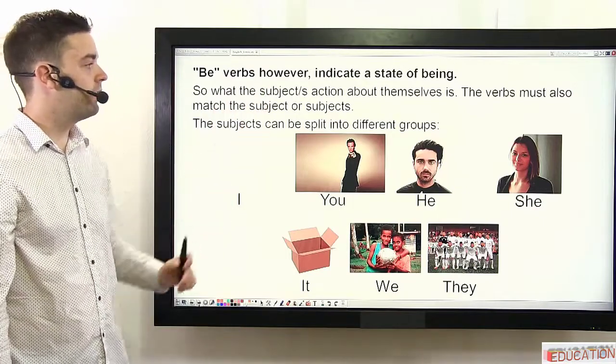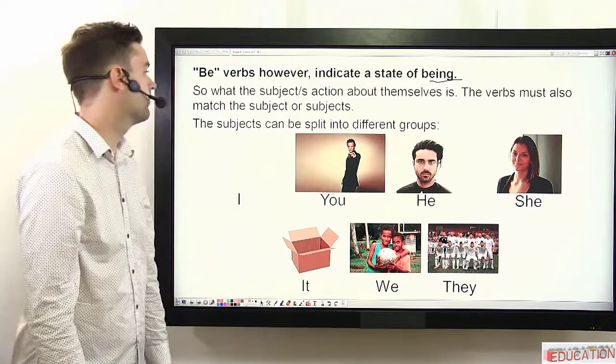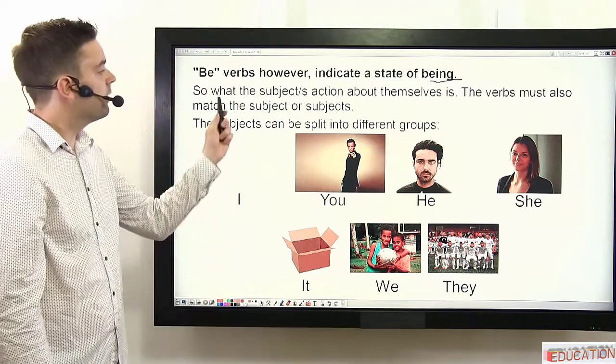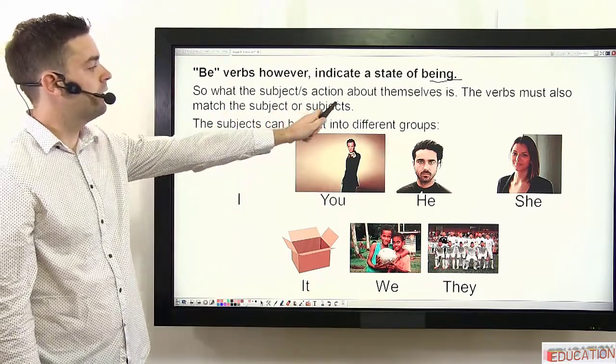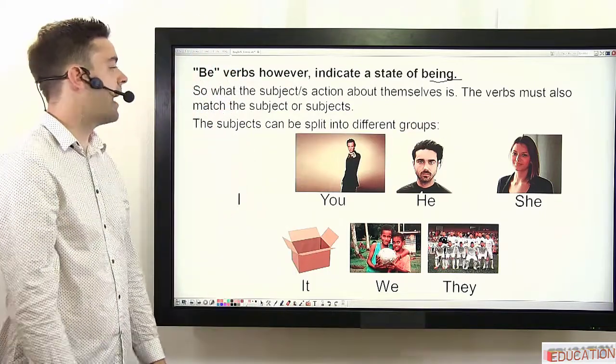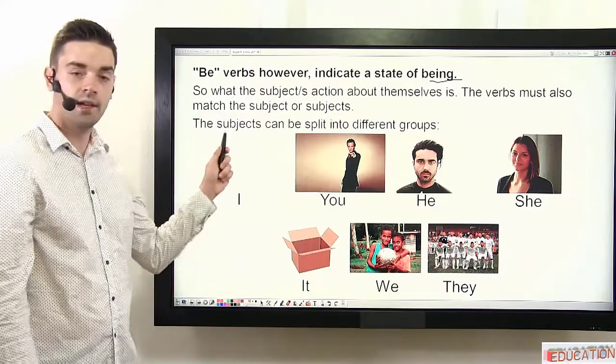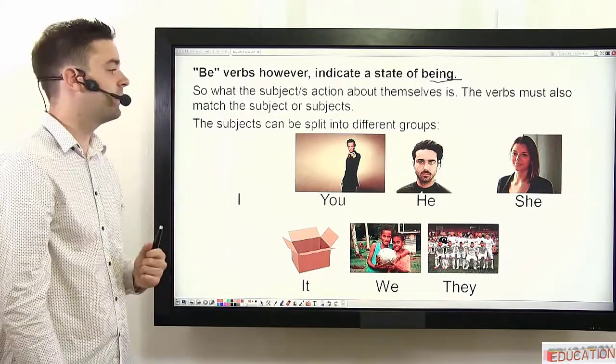Be verbs, however, indicate a state of being. This is when the subject describes something about themselves. The verbs must also match the subject or subjects. And the subjects can be split into different groups.